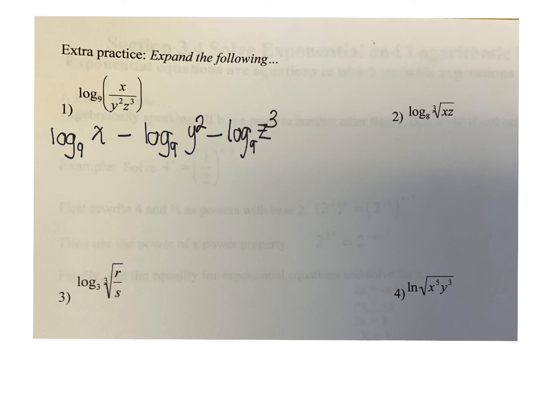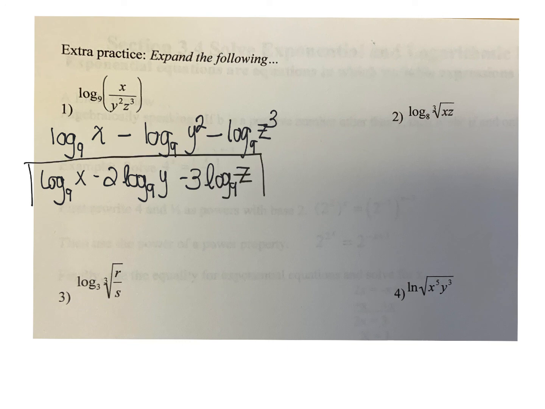The last step is to drop those down, those powers. So log base 9 of x minus 2 log base 9 of y minus 3 log base 9 of z. So there's my final answer.